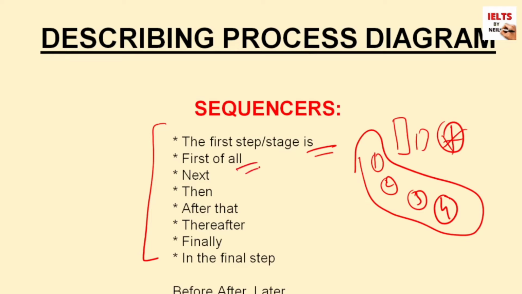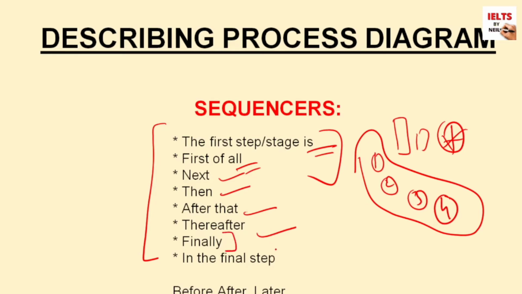Or you can say first of all the step that took place is this. Any of these, you can write. These are the starting statements. After that you can say next step is this, next this happened, or then after, this is the next one, after that, thereafter, and in the last step you can add finally, final step.